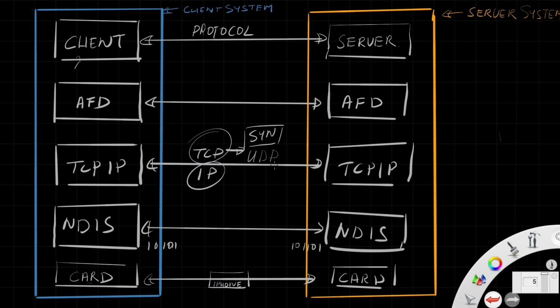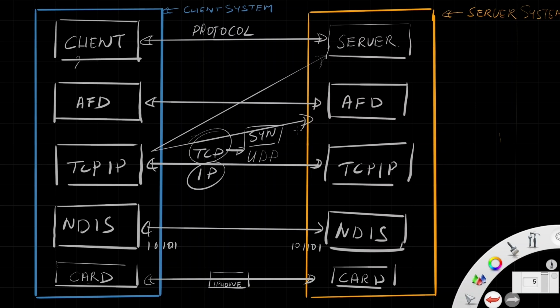But the idea of a protocol is nothing but the peers between two systems, in the network stack, in the layer, talking to each other. For example, I cannot send a SYN packet to the server directly. The server doesn't understand. The server understands hello world from the client. It doesn't understand a SYN packet. Remember that the SYN packet didn't have any data inside. The server doesn't understand. So does AFD.